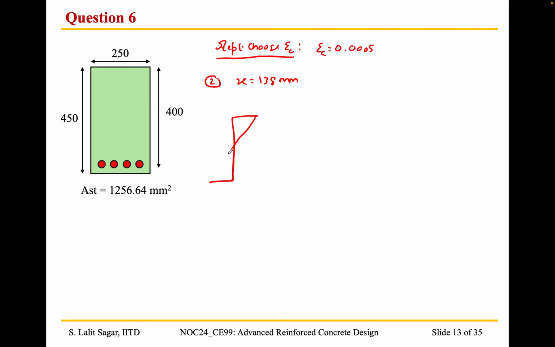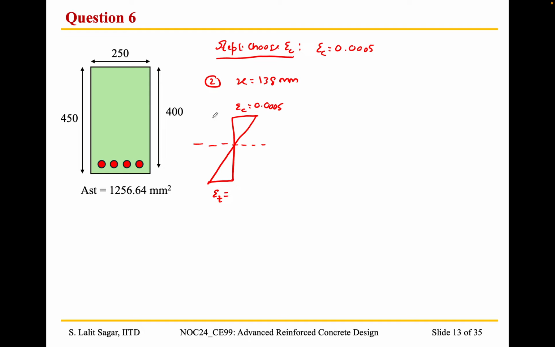So this would be the neutral axis. Kindly bear with my poor handwriting. So epsilon c is equal to 0.0005 and epsilon t is what we need to find out.